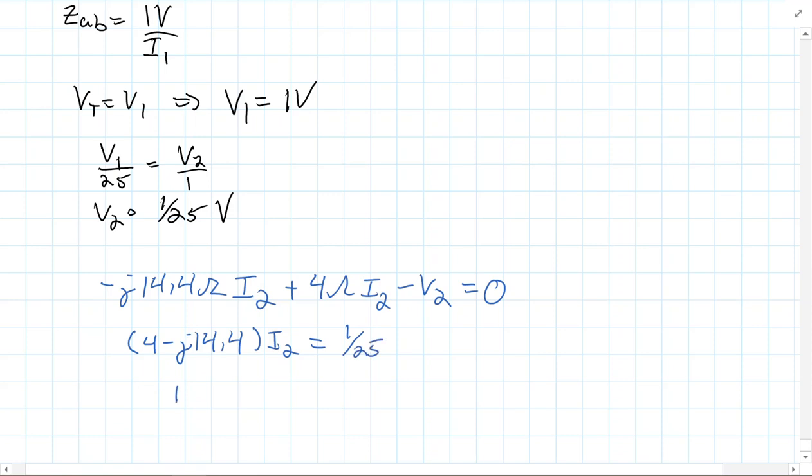So then we have that I2 is equal to 1 over 25 times 1 over (4 minus j14.4).